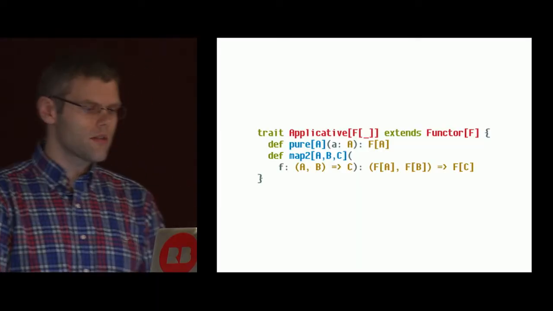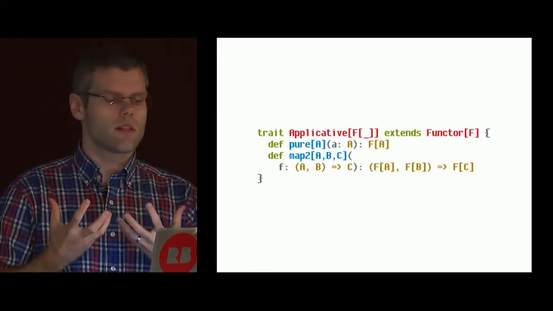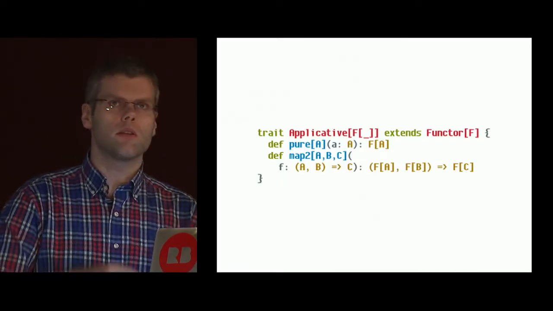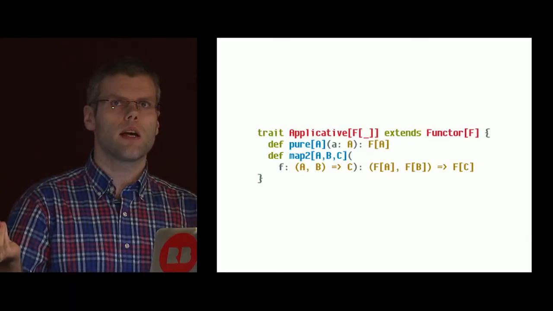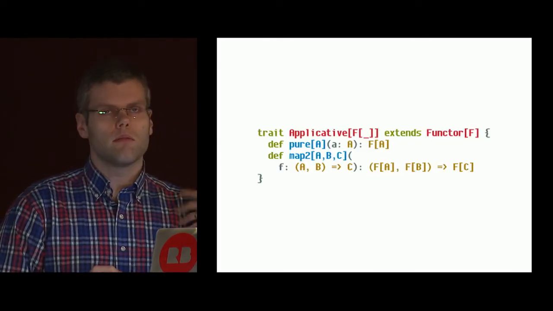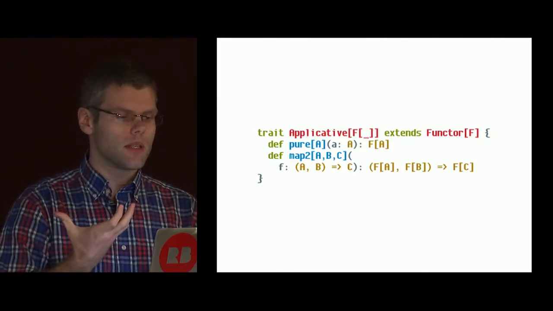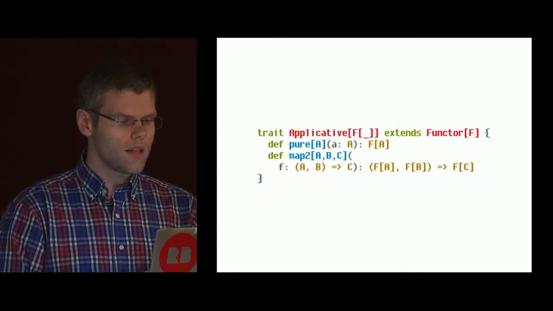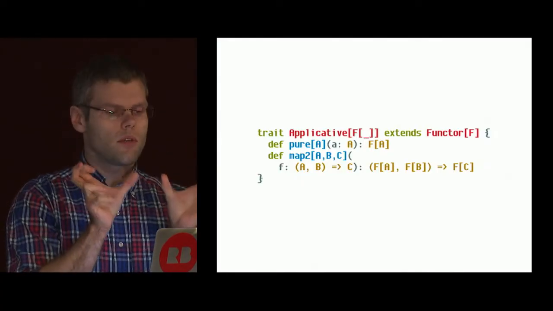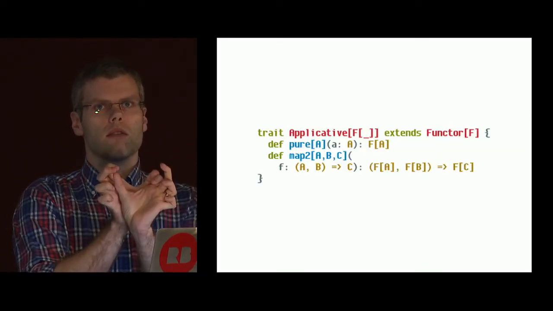Now, applicative functors are functors that you can map over, but they come with additional capabilities. The first is that you can take any value and put it inside of the context. For example, with a list, you can take an element and put it inside of a single element list. The other capability of applicative functors is that if you have an f of A and an f of B side by side, you can put them together.